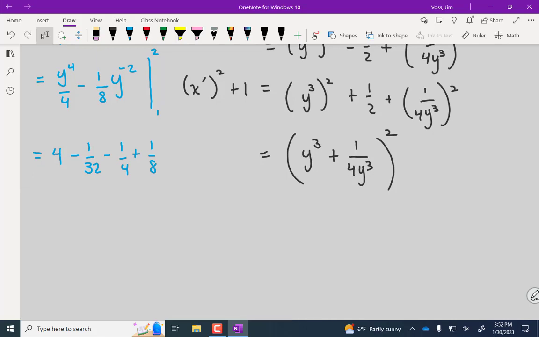The arithmetic. Common denominator is 32. So this one we're going to multiply top and bottom by 32. So that's 128 minus 1. That gets multiplied by 8, so we subtract 8. That gets multiplied by 4, so we add 4. Wherever all that ends up being. 123. That's what I'm seeing. 123 over 32.